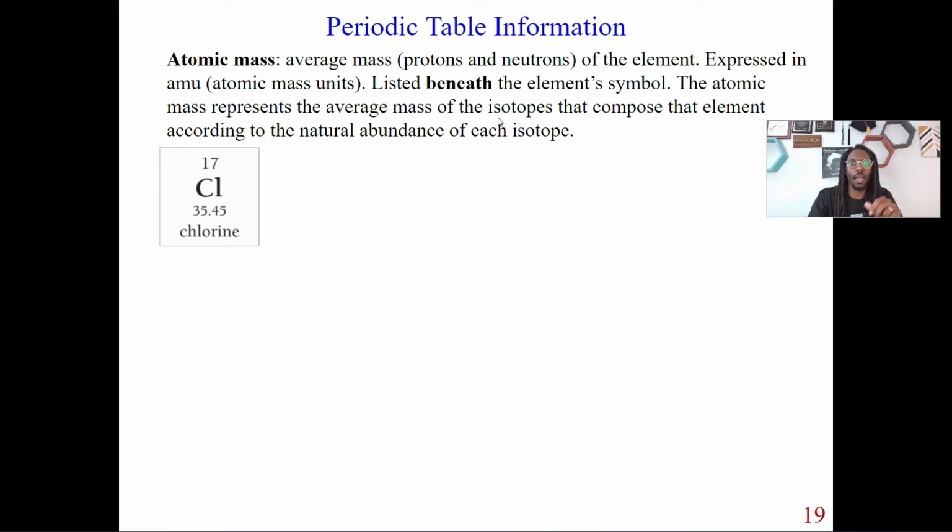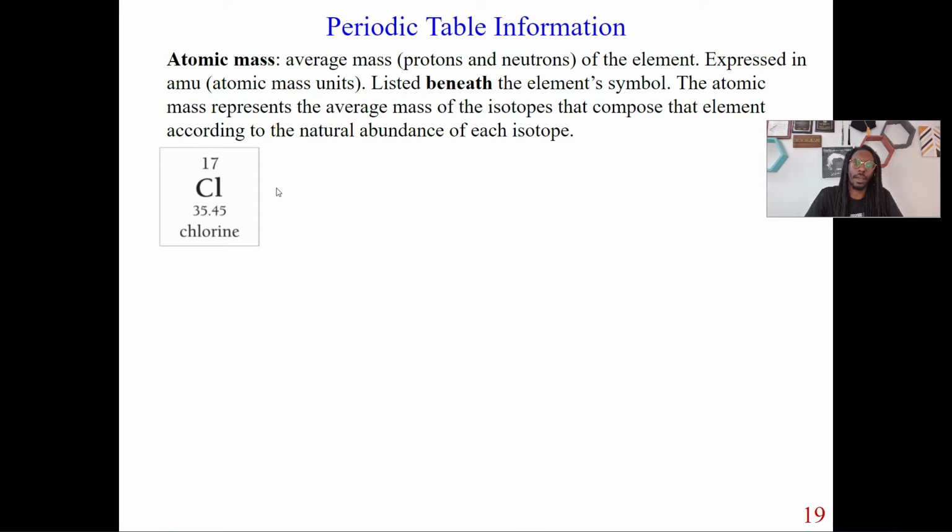Because it's the average mass of the isotopes that compose the element according to the natural abundance of each isotope. Okay, so basically, this is letting me know that the average mass for chlorine is 35.45. And this is based on all of our isotopes.